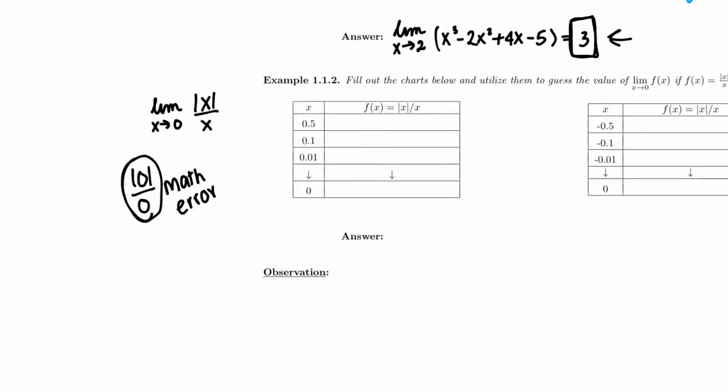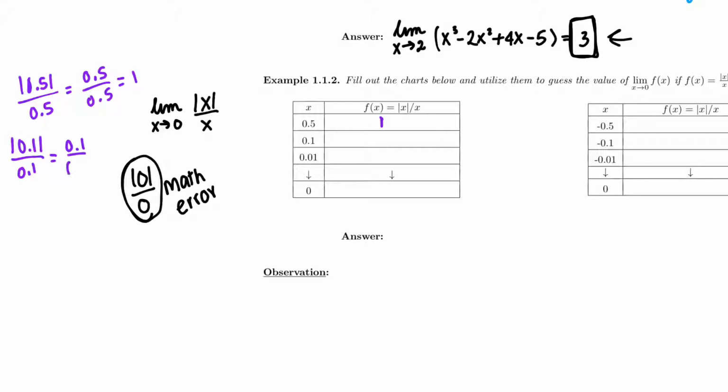So plugging in 0.5, the absolute value of 0.5 over 0.5. Well, the absolute value of 0.5, remember you just make it positive. So 0.5 over 0.5, that's just 1. Plugging in 0.1, the absolute value of 0.1 over 0.1.